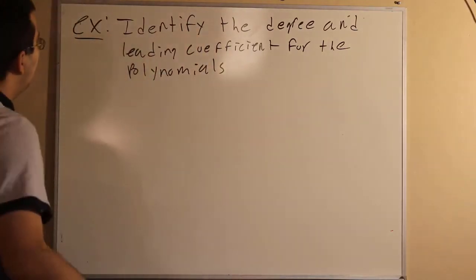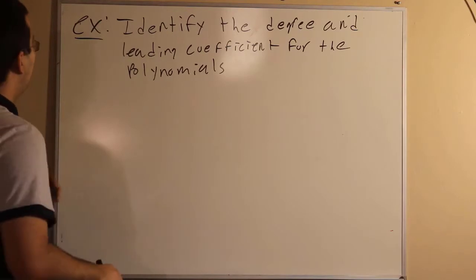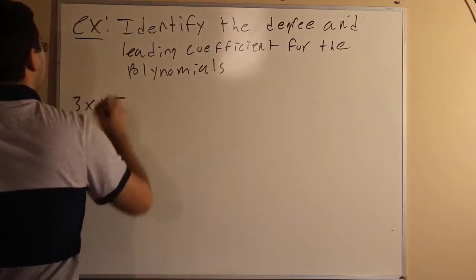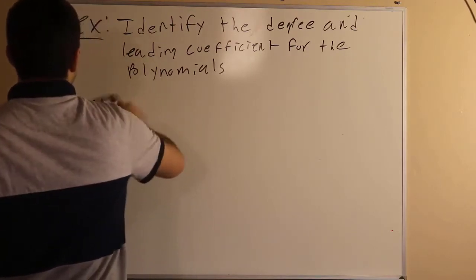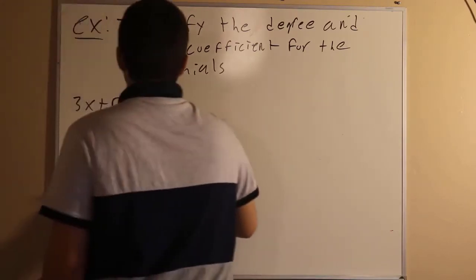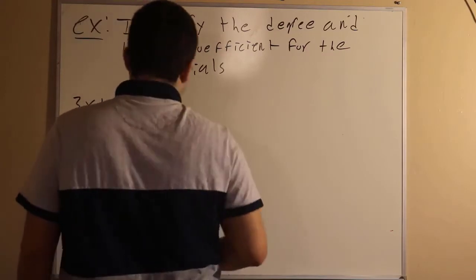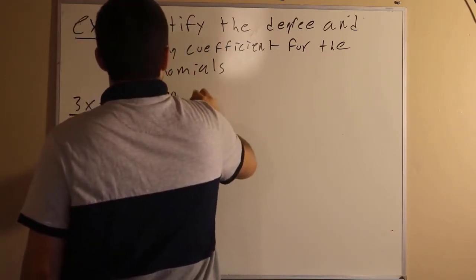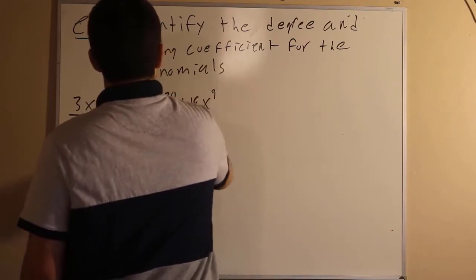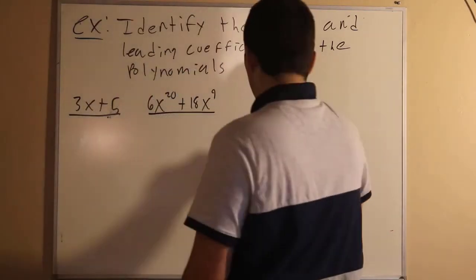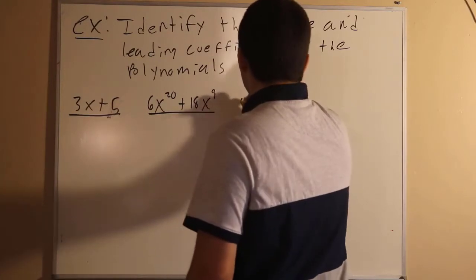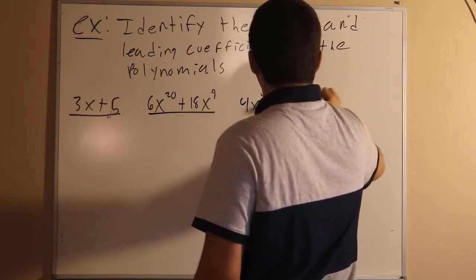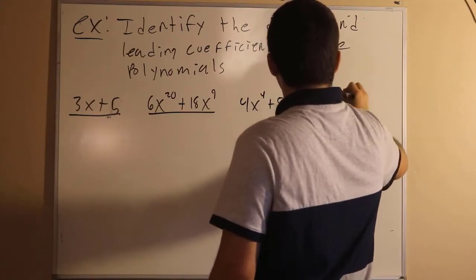Okay? And the polynomials we'll be concerned with are, we'll do 3x plus 5. Make sure you can read that. We'll do 3x plus 5 and 6x to the 20 plus 18x to the 9. And then we'll also do 4x to the 4 plus 5x to the 7 plus 8x cubed plus 9.